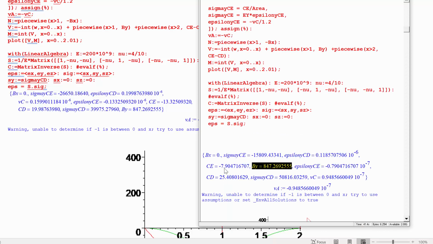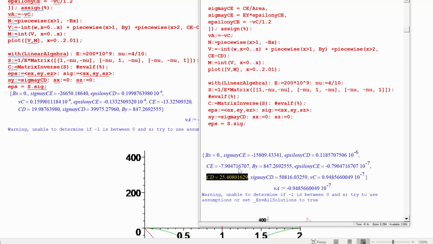Actually, the stresses are not quite the same. CE looks like it's actually lower and CD is higher. Why would that be? Well, the change in the stiffness of CD stops it from moving as much, but we didn't change anything about CE.